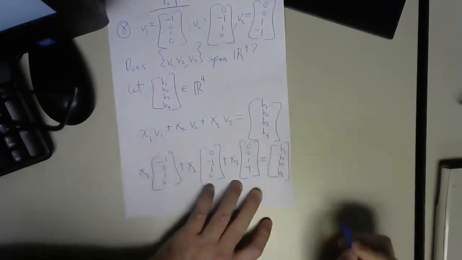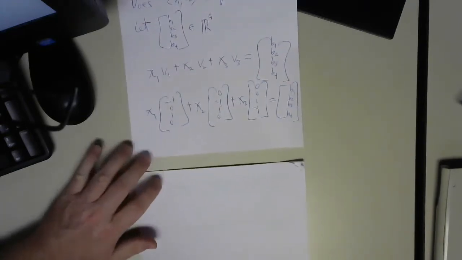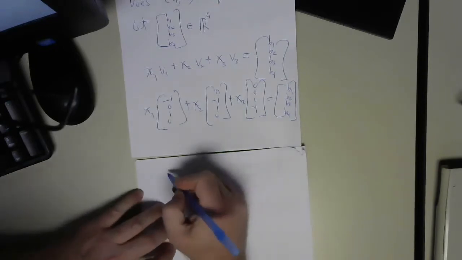And remember, those b's are completely arbitrary, so we should be able to satisfy that equation for any collection of b's if this is true. But notice that that's really equivalent to a system of equations, as we already know. And the augmented matrix for that system looks like this.